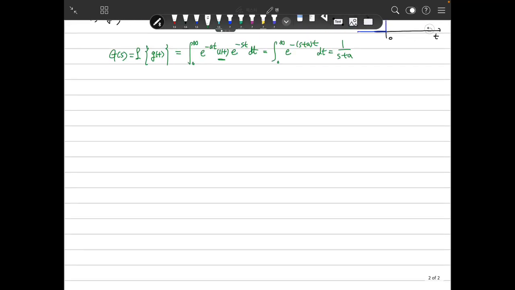So this is a simple example of the Laplace transform. Now we need to talk about a very important characteristic of the Laplace transform: linearity.